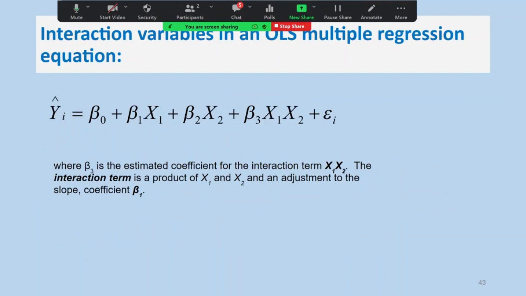So this is how an equation with interaction variables would look. The first part here where you have x1 and x2, that's familiar from multiple regression, OLS regression. But we now add this combination of x1 and x2. That's the interaction variable. In your project, you might have an interaction variable that you want to show a difference with regard to the relationship of one variable to another variable and how that may differ.